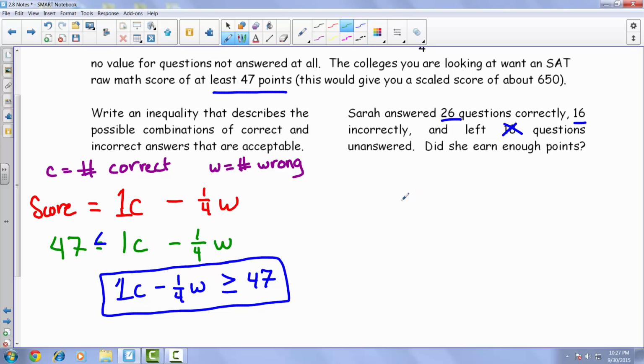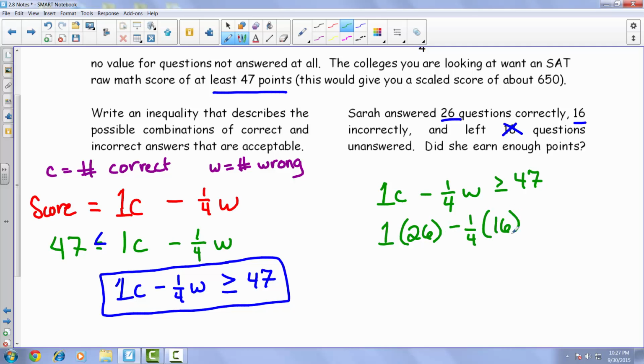Now when we're looking at our inequality, we then end up with 1C minus 1/4 W. Is that larger than or equal to 47? Well, we have 1 times 26 minus 1/4 times 16.